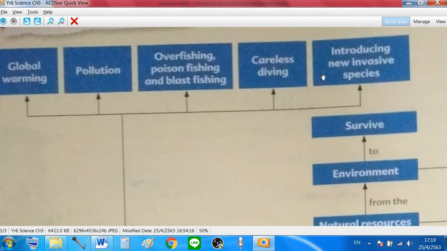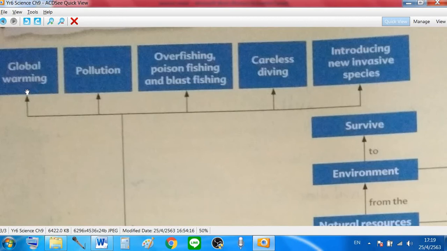So man sometimes takes fish from one part of the world and moves them to another part of the world. And this damages the ecosystem, the food webs, and this can lead to damage to the coral reefs.